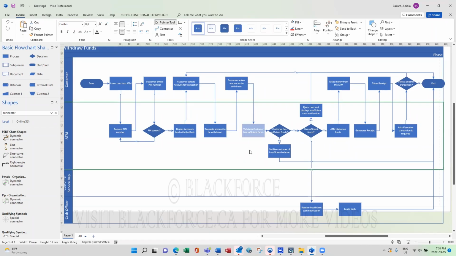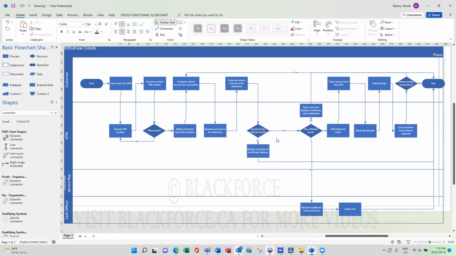So I thought we got rid of this. We don't need it, the validation is this process right here, so that's okay. Customer has sufficient funds. If it is a yes, ATM checks if the ATM itself has sufficient funds. If it is a no, the no is a shorter path, so let's quickly take a look at it.